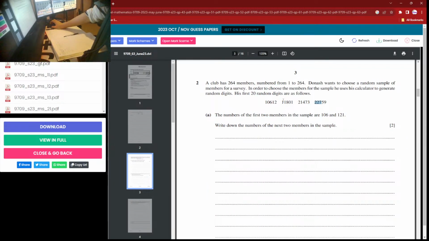So the reason why it won't produce a random sample is, so you have 061, 211, and then you will have 801, 214, 732, 275, and suddenly you have a 9 here.